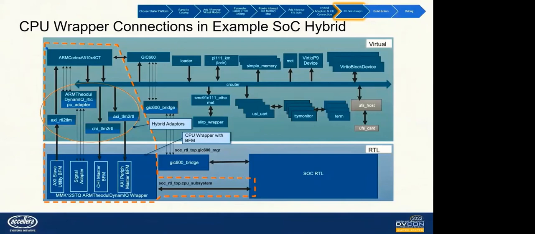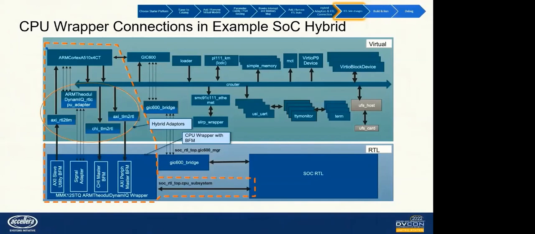First, replace the existing RTL CPU IP with the pin compatible CPU wrapper, which is provided as a part of the Helium install. Second, replace the existing interrupt controller IP with the pin compatible GIC 600 wrapper. And the third one is to replace all your RTL memories with the smart memories, which is provided as a part of the Helium install.